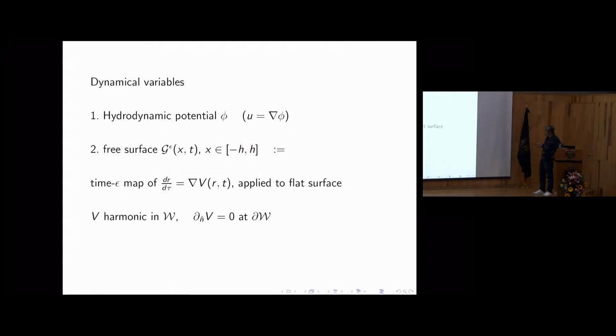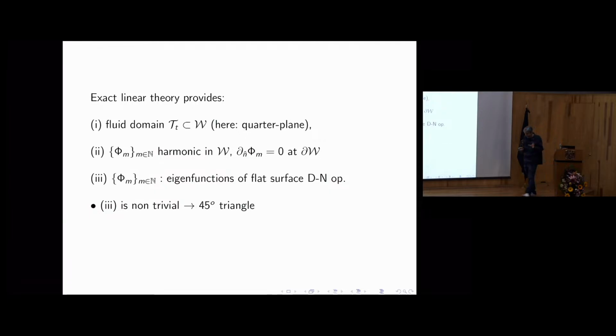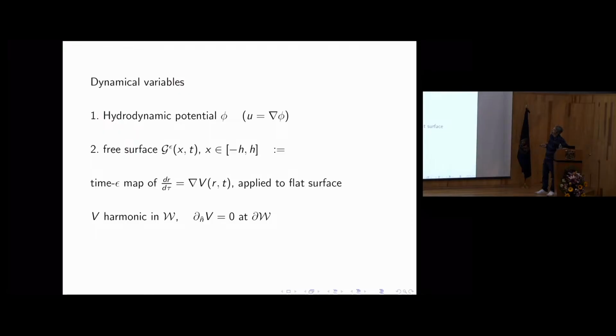Now, I want to use this setup that is present for the 45-degree triangle to try to derive a nonlinear model, at least in this geometry, and then we can see how far we can extend all that to other domains. In principle, they could be extended, but that's not trivial. So here is actually the first idea of this work.